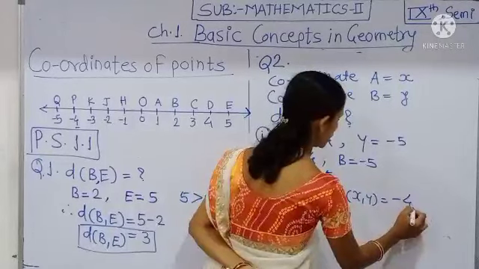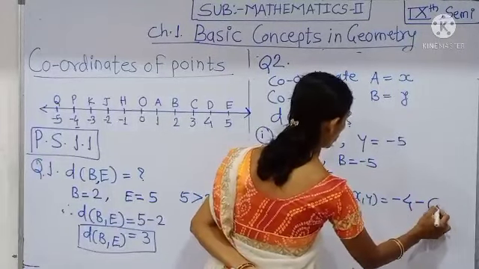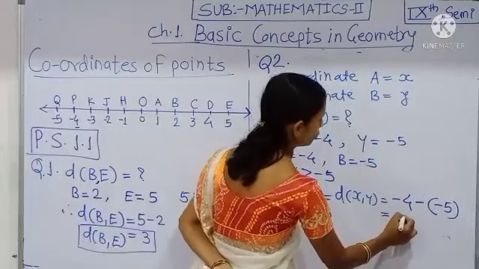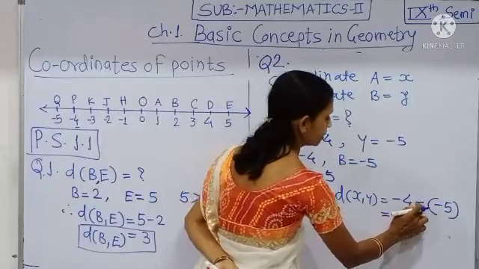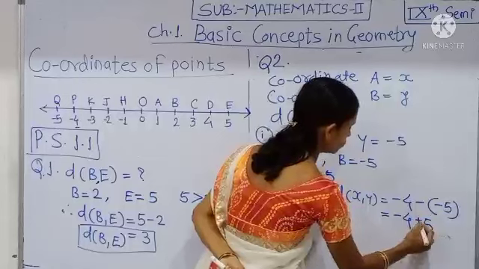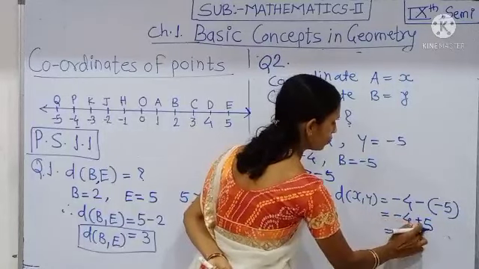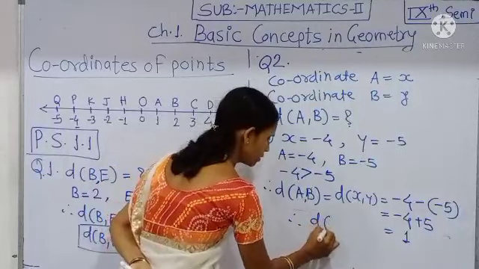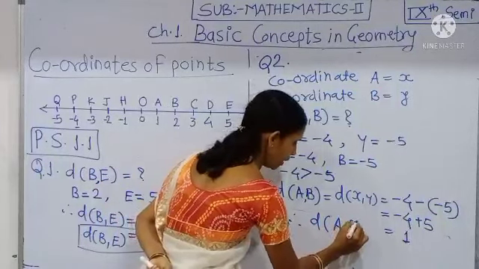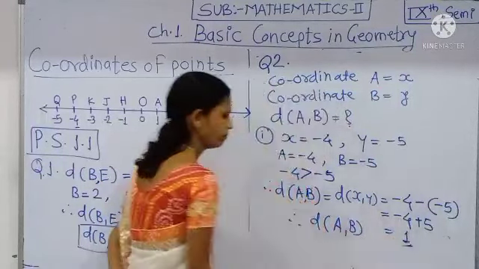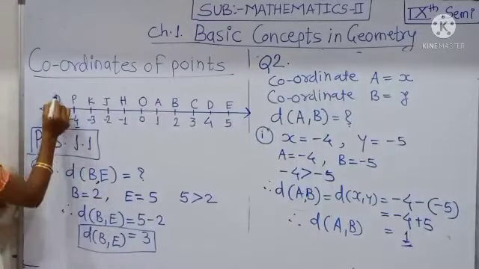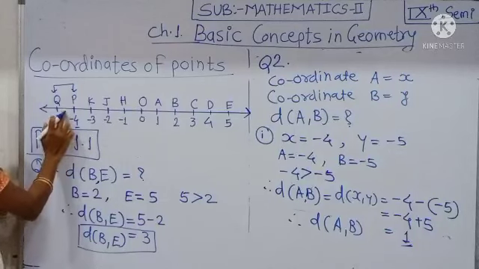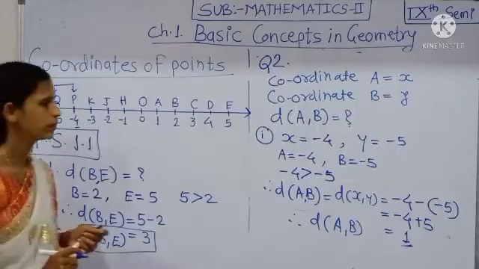Here minus 4 is the greater number, so we subtract minus 5 from minus 4. That is minus 4 plus 5, which is 1. Therefore the distance between A and B is 1. The distance between the two points minus 5 and minus 4 is 1.